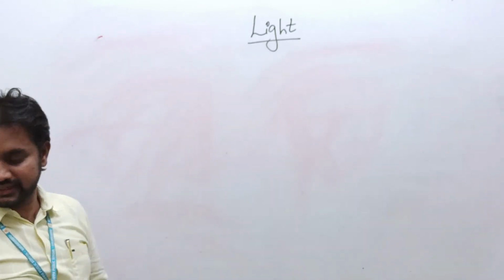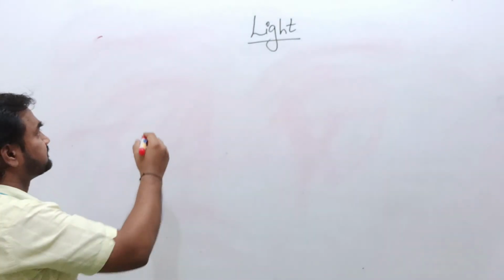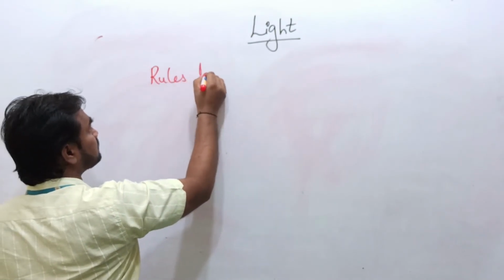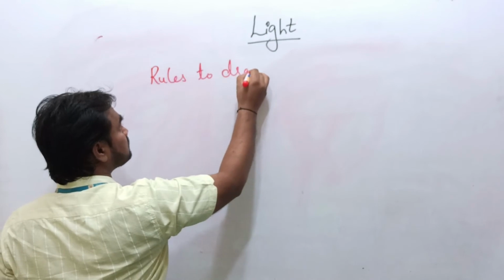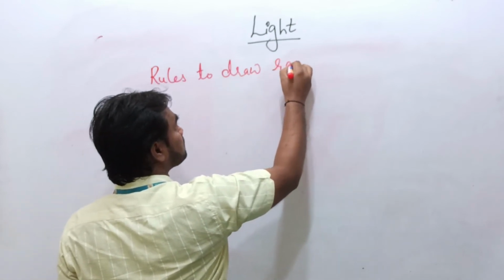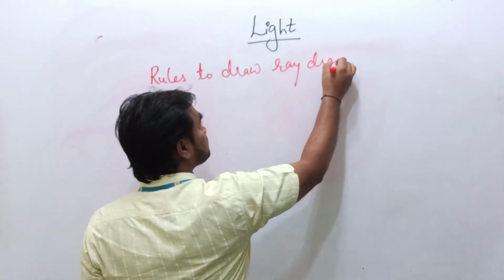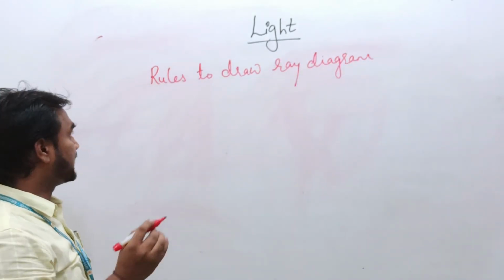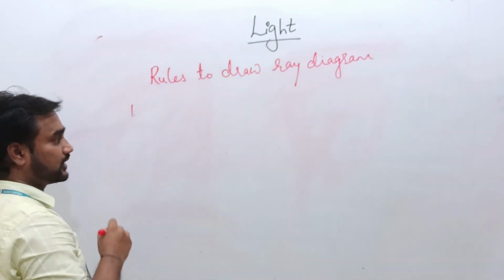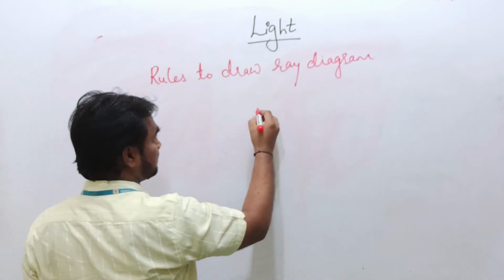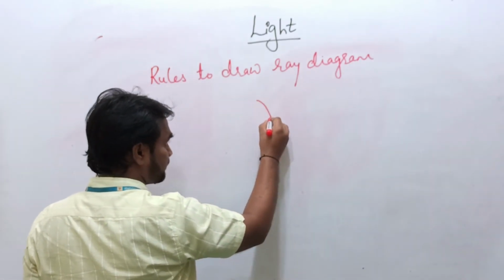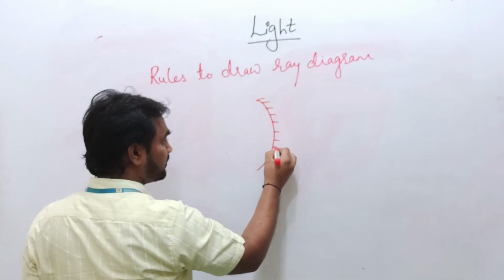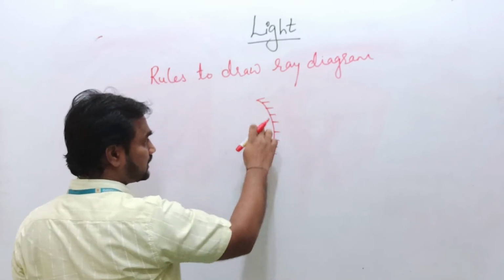Rules to draw ray diagram. So what is the first rule? Suppose we talk about the concave mirror itself. If this is the concave mirror, why? Because the reflecting surface is curved inwards.